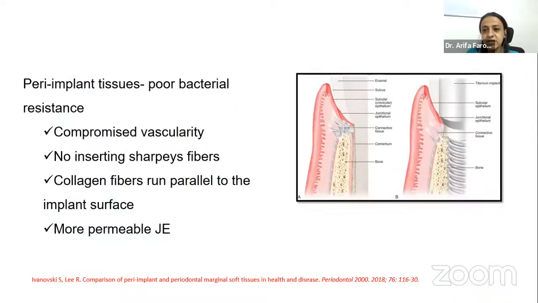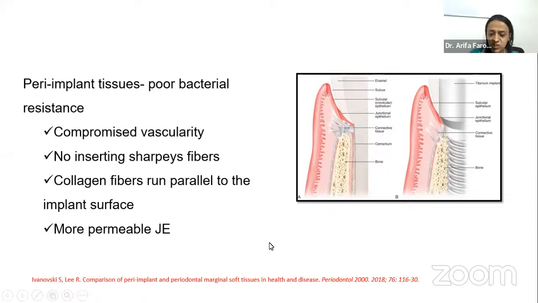After understanding this basic peri-implant mucosal anatomy, we come to know that these peri-implant tissues have a very poor bacterial resistance. Why does it happen? Because there is compromised vascularity, as it is a scar tissue, and there are no inserting Sharpey's fibers. As we know, there is direct osseointegration, the term we use for the ankylosis between the implant surface and the bone. The collagen fibers run parallel to the long axis of the implant surface rather than perpendicular.